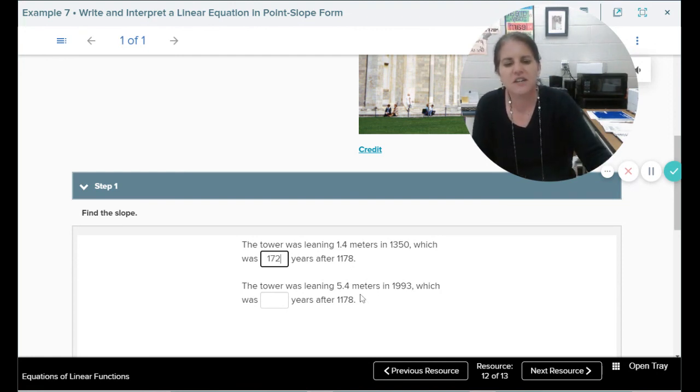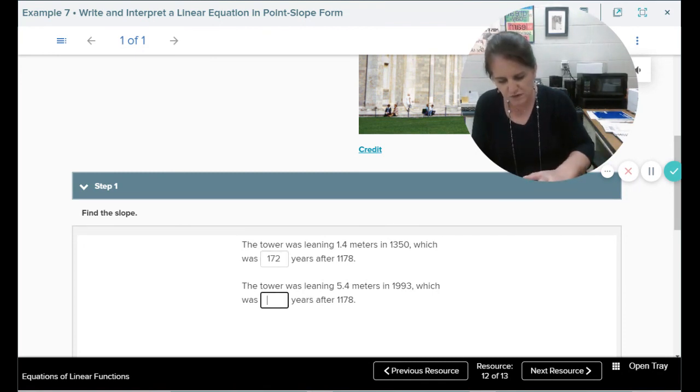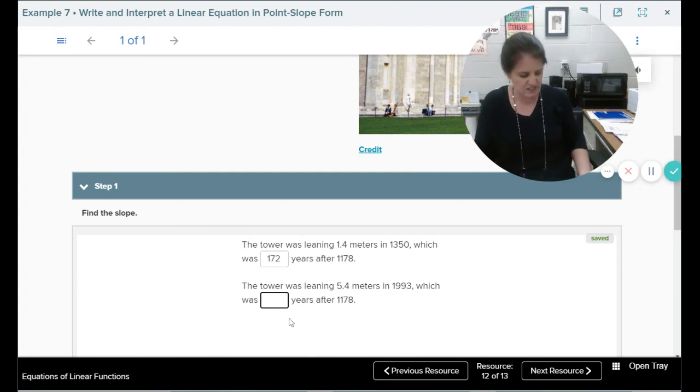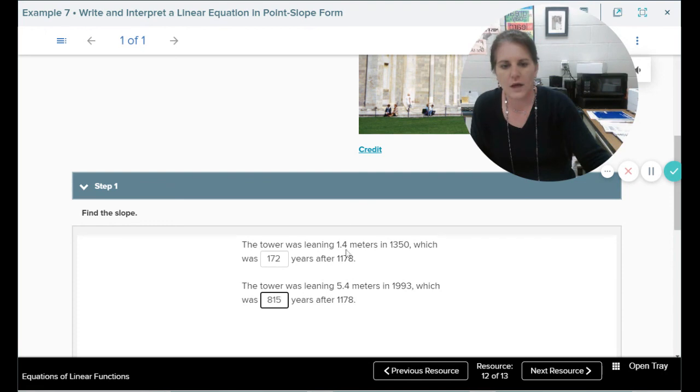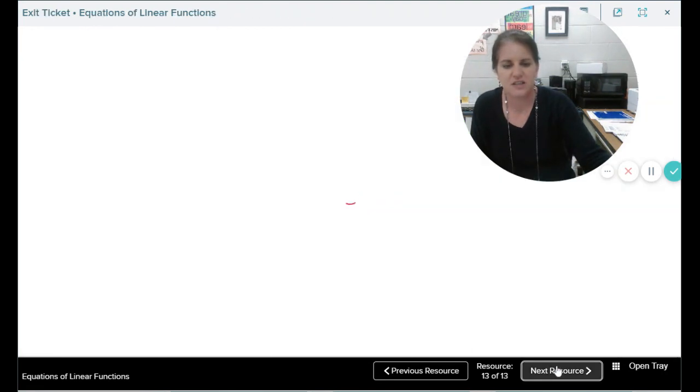The tower was leaning 5.4 meters in 1993, which was how many years later? So again, we've got 1993 minus 1178. That was 815 years later. It started leaning 4 more meters 815 years later.